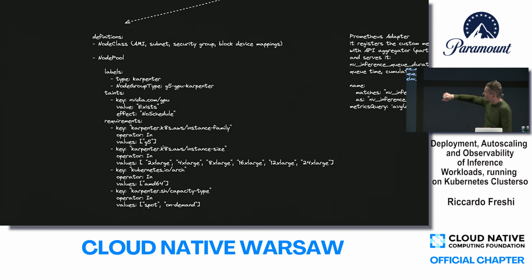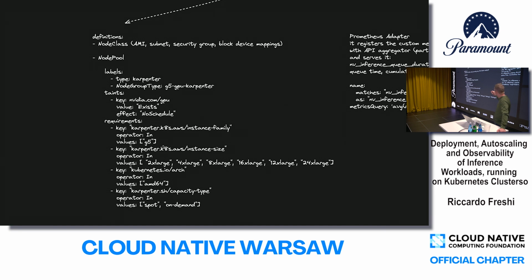On the top part of the snippet, you can see that we are adding labels and taints. So the labels are for the pods to be able to select the nodes that they want.